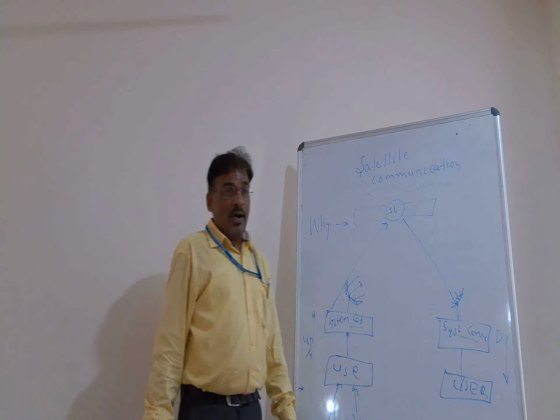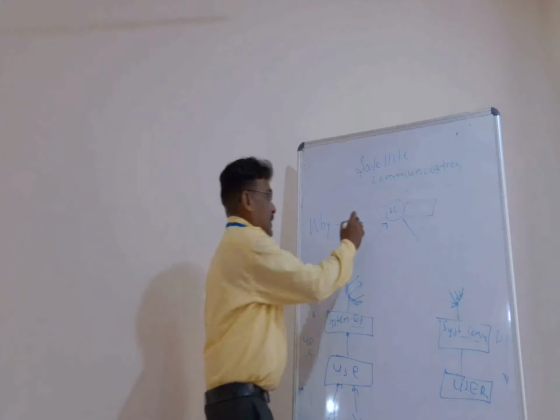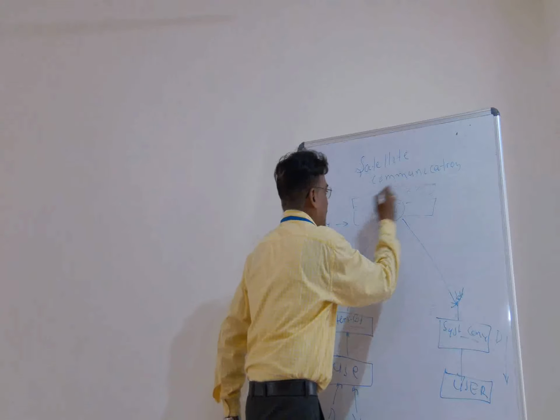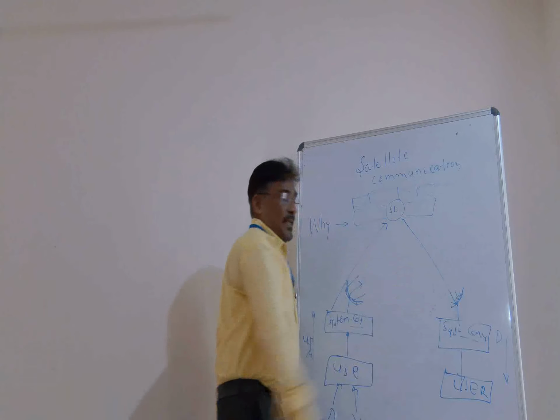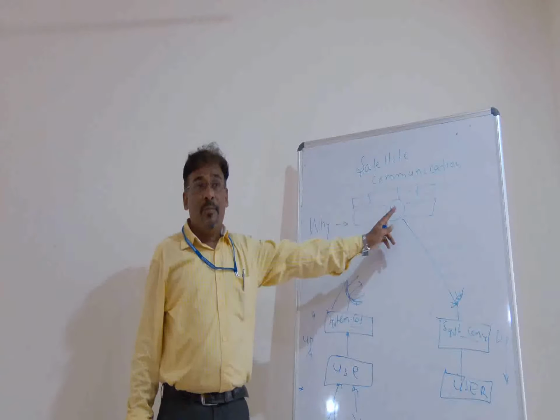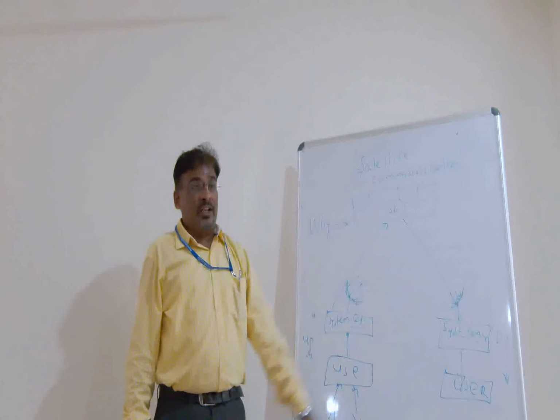Now, in between, what do you observe? This system basically consists of three different units, mostly, and it is called a transponder. So, my dear friends, the transponder is the main unit belonging to the satellite system.